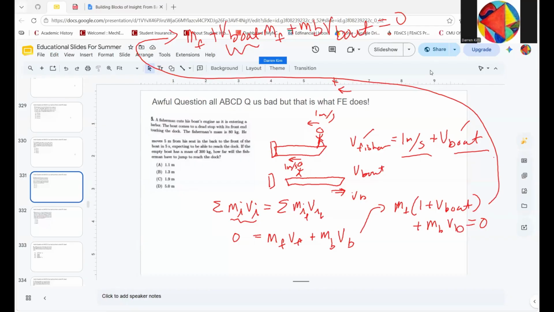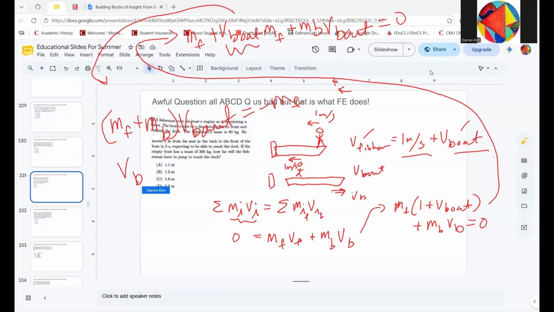So we can say (MF plus MB) times V boat equals negative MF, which we expected. So V boat equals negative MF divided by MF plus MB.